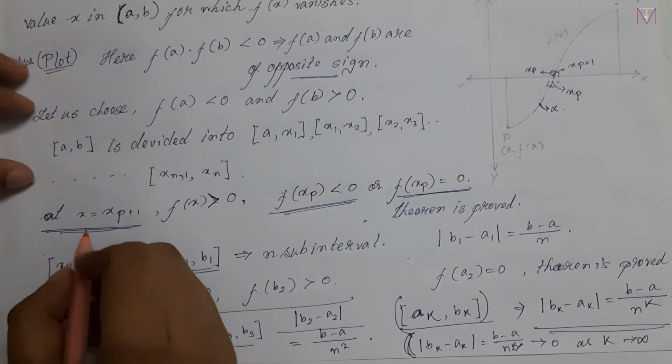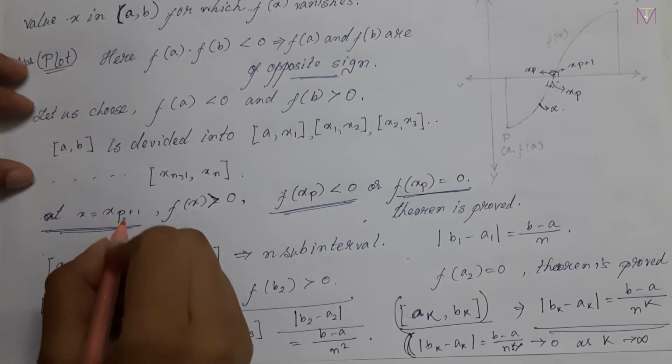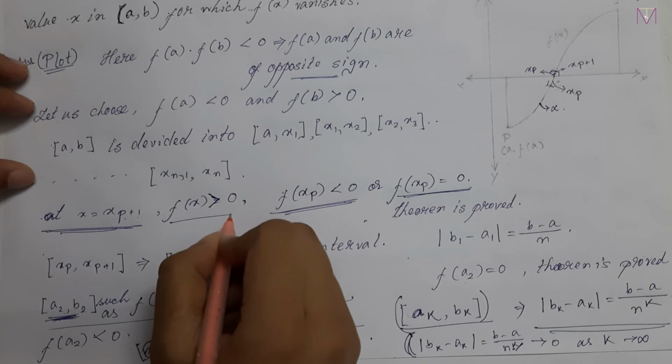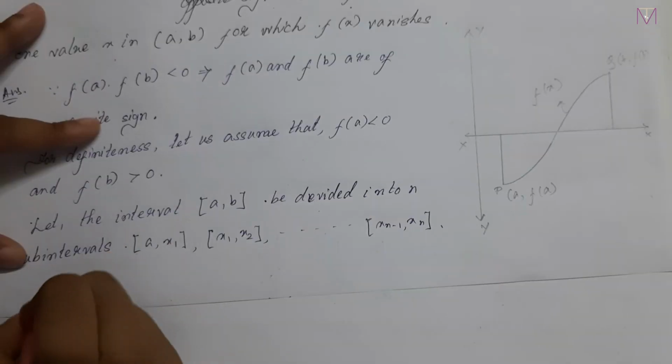Now we suppose that at x equal to x_{p+1}, f of x is greater than 0. So let's write this.